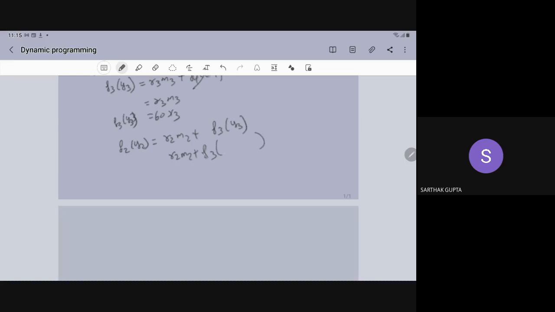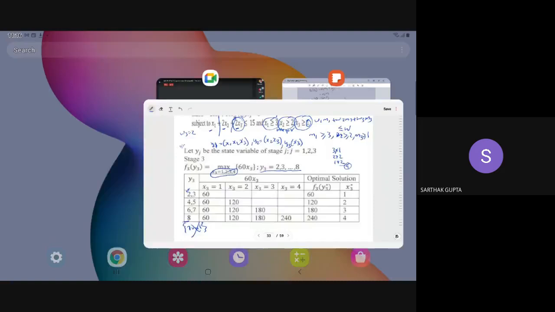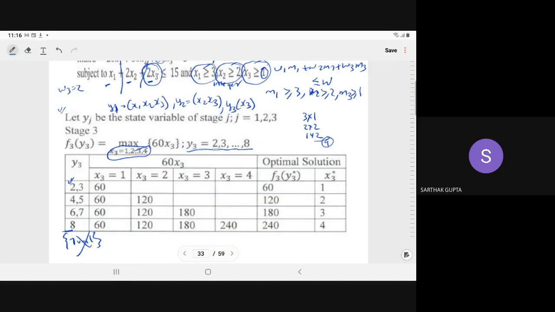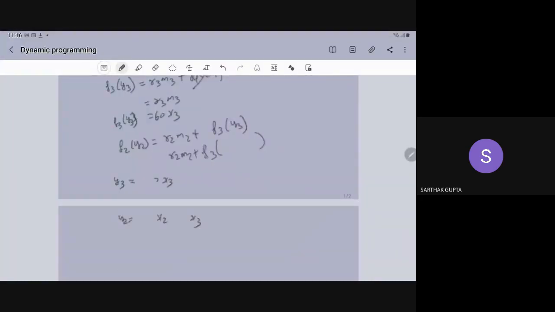Now y3. What is y3? y3 is whatever you are allocating in stage 3. And y2 is whatever you are allocating in stage 2 and stage 3. So how much are you allocating in stage 2 or stage 3? In stage 3 you have allocated the 2x3.